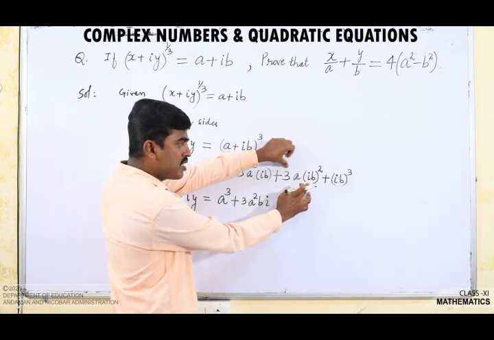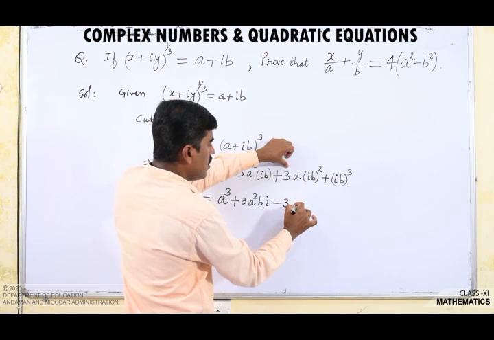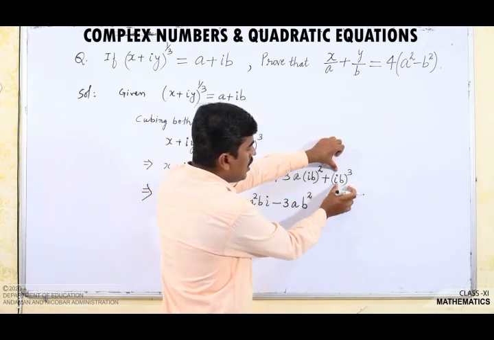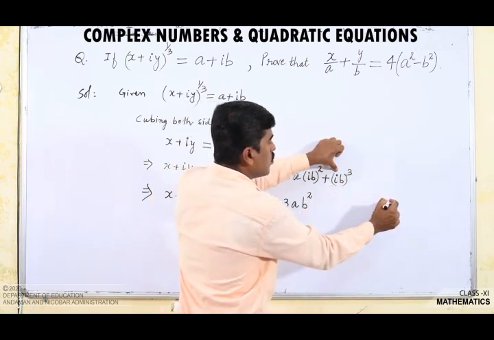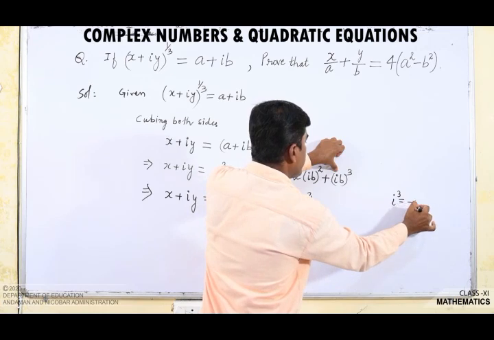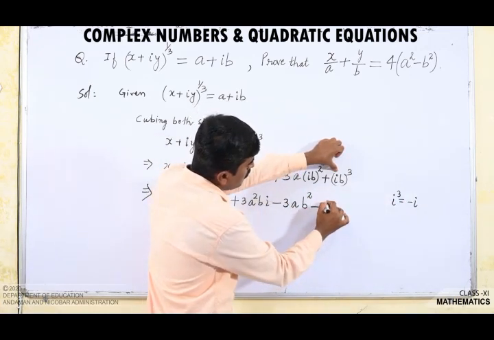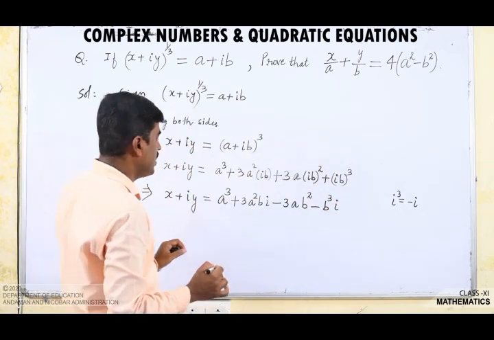So what is the value of i square? i square is equal to minus 1. So we will get minus 3ab square. Now here it is i cube into b cube. So what is the value of i cube? i cube is equal to minus i. So we can write minus b cube i.